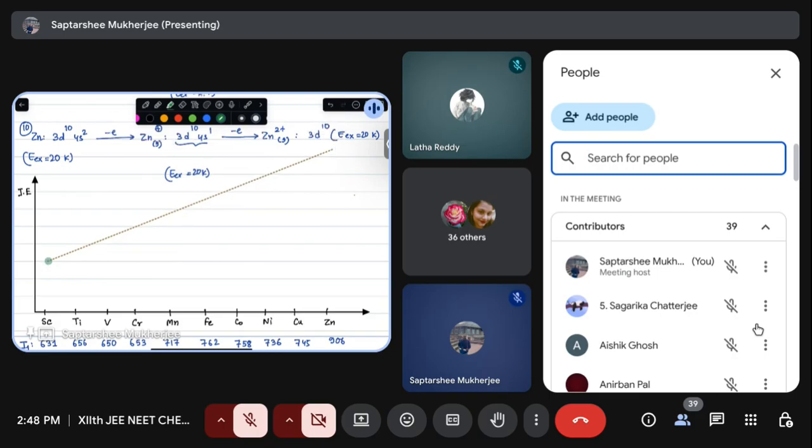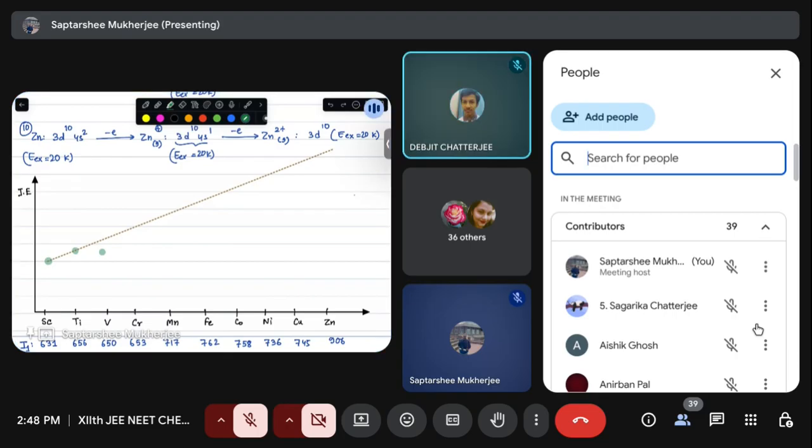Scandium to titanium there is an increase, but then titanium to vanadium there is a slight drop. Not as large as for scandium, but there is a drop.